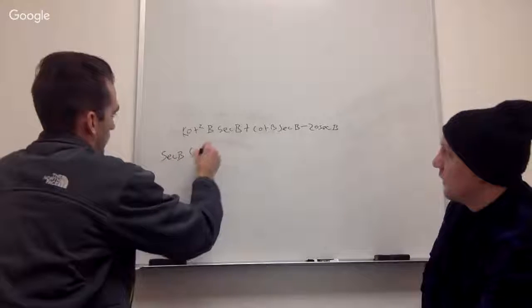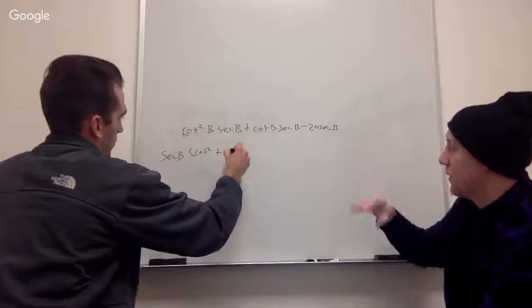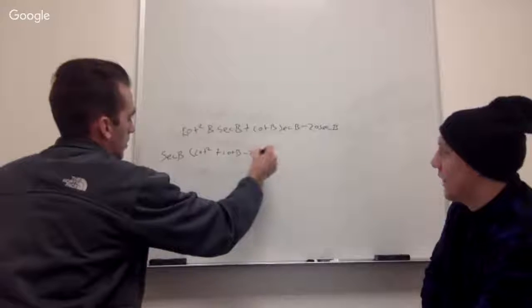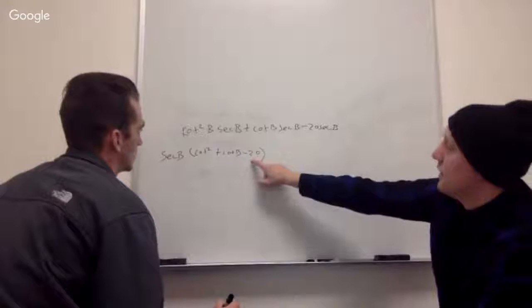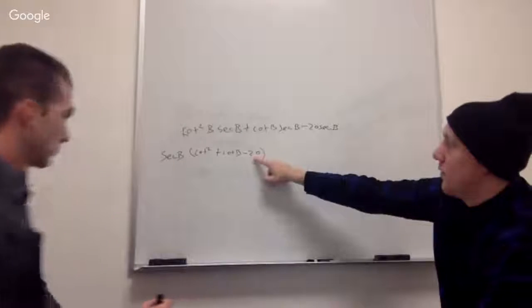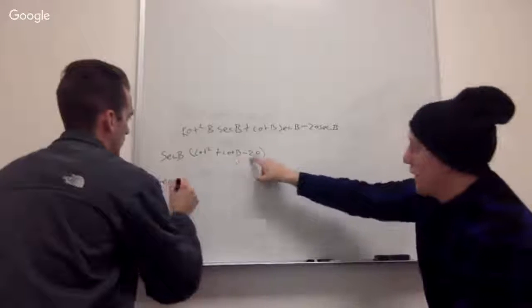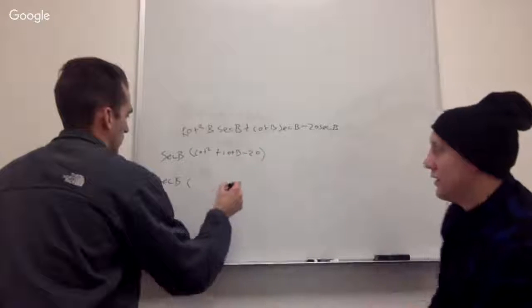When we rewrite it, we get cotangent squared b plus cotangent b minus 20. Okay, so here we go. This is where it sucks. We have to find what times together adds up to 20, but equals 1.